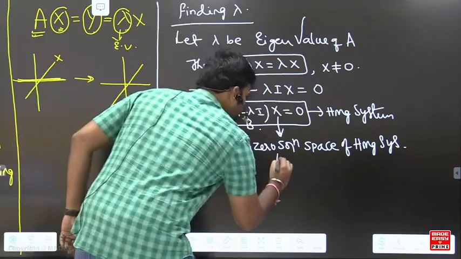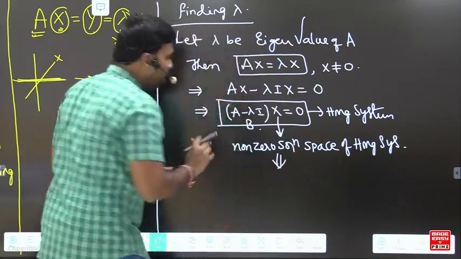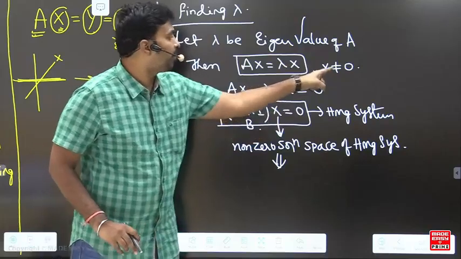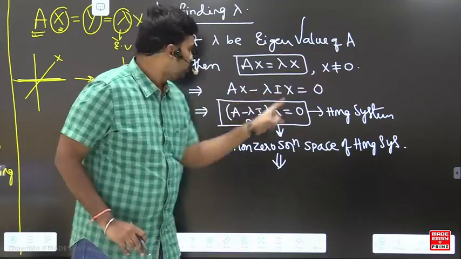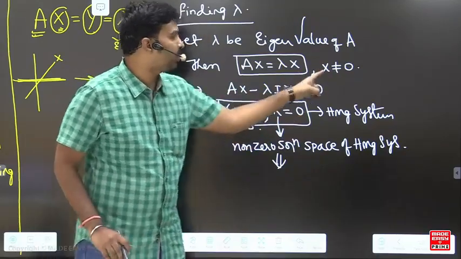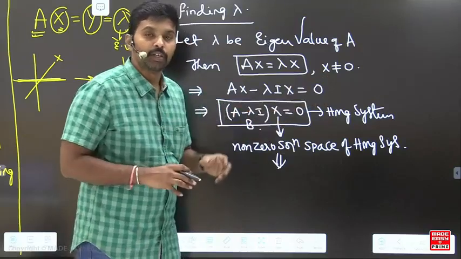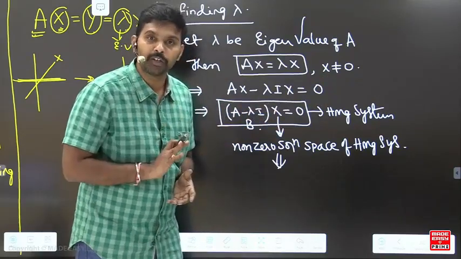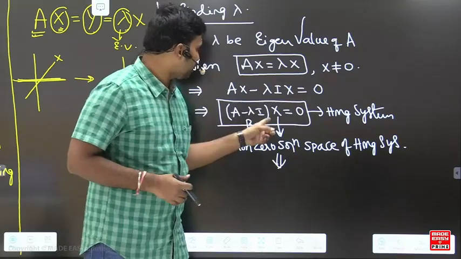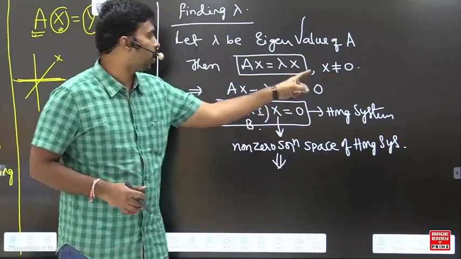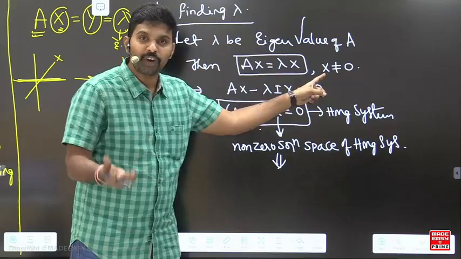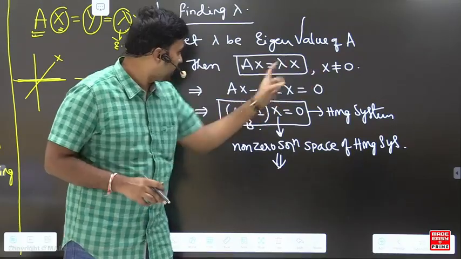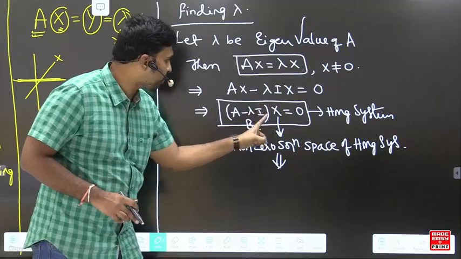So this homogeneous system is having non-zero solutions, which means the system will have infinitely many solutions. Infinitely many solutions means the determinant of this coefficient matrix will be 0.